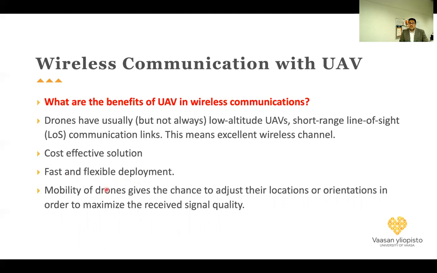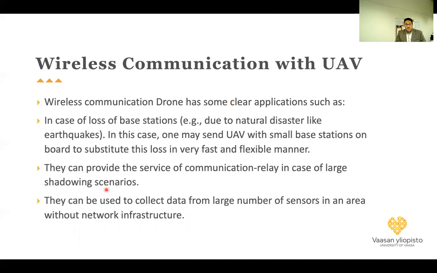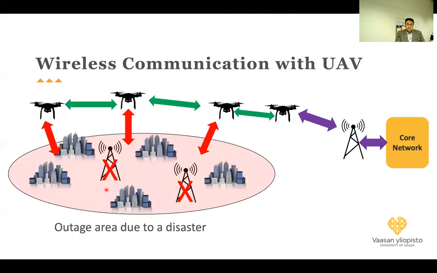Because of the mobility of the drones, their antennas can be oriented in order to maximize the signal-to-noise ratio, so we get the best communication performance. And they have some very important and critical applications, or at least proposed applications, for using UAVs.